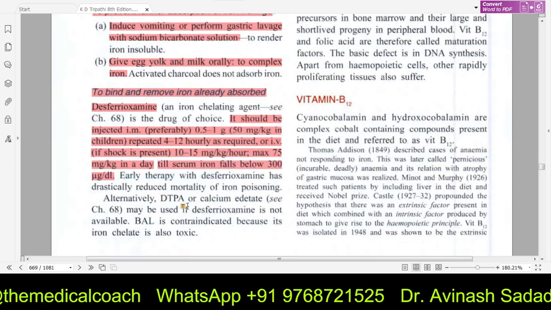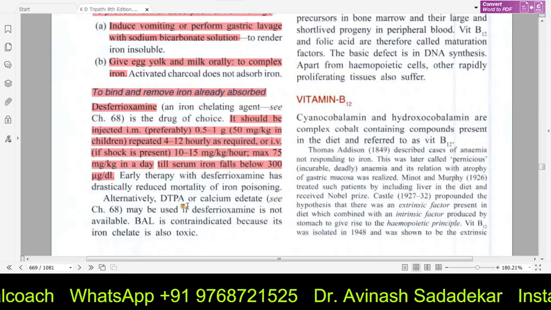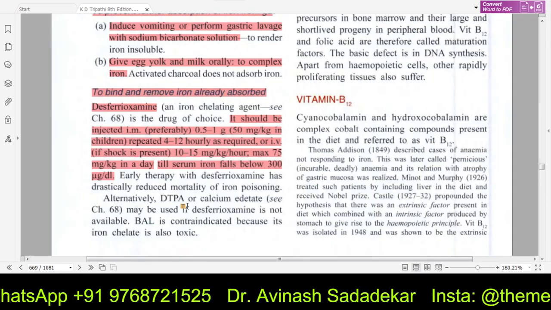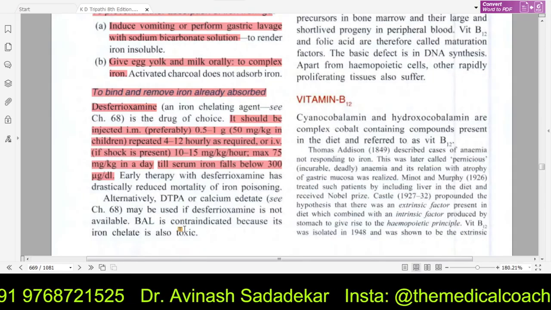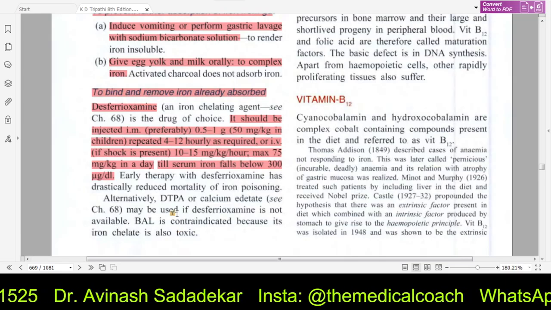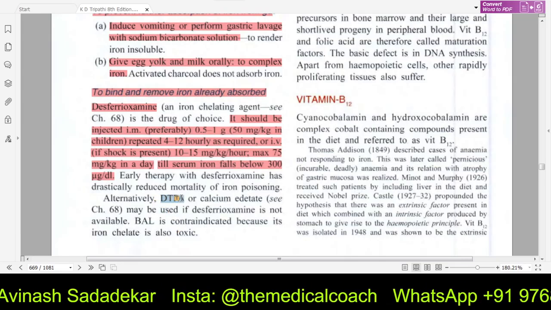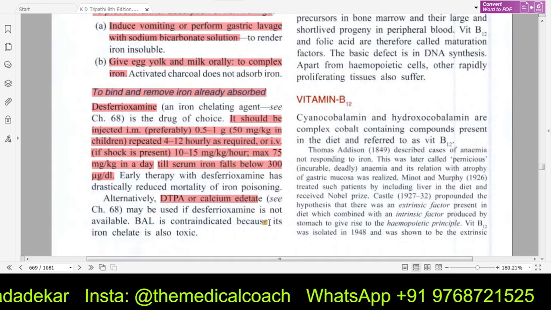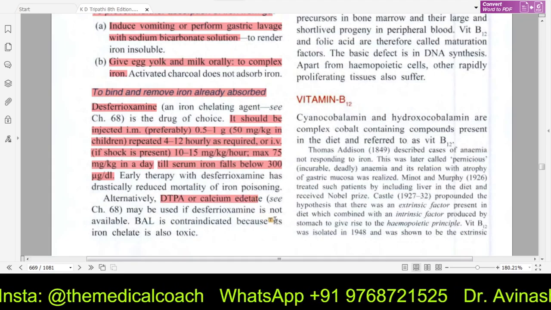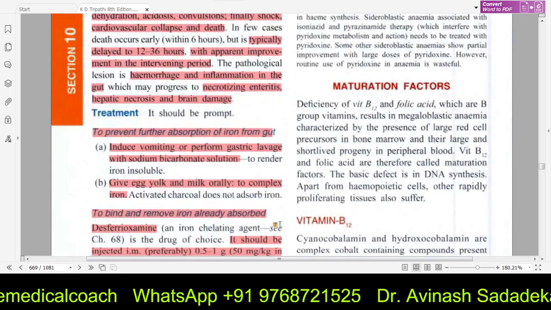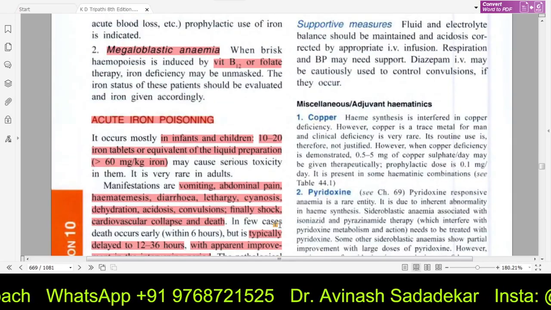The earlier you start the therapy, the better it is. Otherwise, this iron would bind to different tissue components, and then it will become really difficult to manage. You can even use DTPA or calcium edetate if desferrioxamine is not available, but never use British anti-Lewisite, BAL.